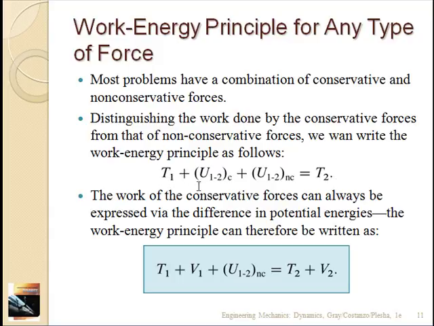The initial kinetic energy plus the work done going from the initial position to the final position by conservative forces, plus the work done going from point 1 to point 2 by non-conservative forces equals the final kinetic energy. Now the work done by conservative forces can be represented by these potential energies. So T1 plus V1 plus the work done by non-conservative forces is T2 plus V2.